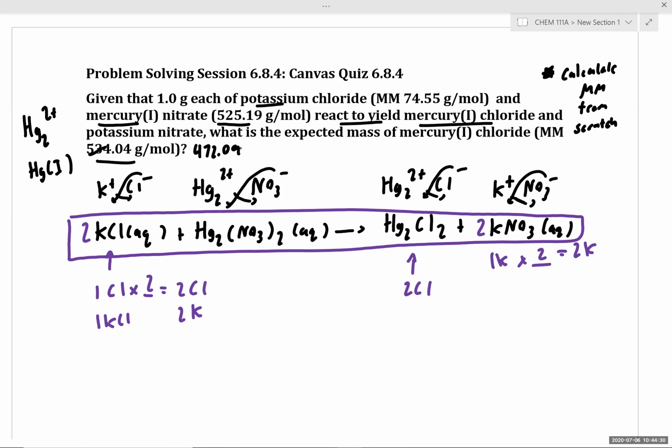So let's try to get a few more responses in the chat and via Canvas, and then we'll discuss this example momentarily. Thank you again for those who submitted responses via Canvas and in the chat, and we'll discuss this example in about another 2 to 3 minutes.